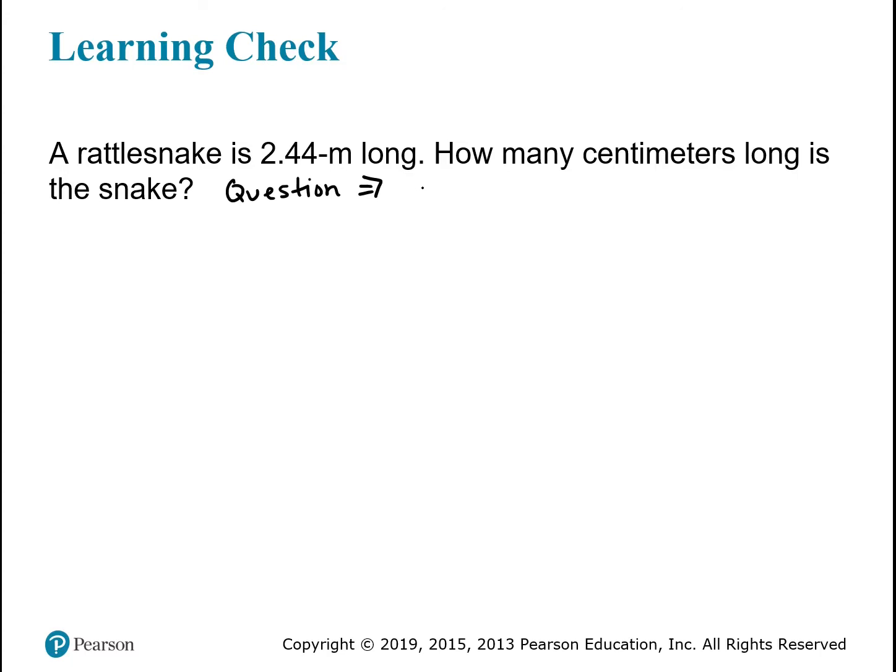So our question is, we've got 2.44 meters. How many centimeters is that? What we're given, obviously, is 2.44 meters, but we also know the relationship between meters and centimeters.